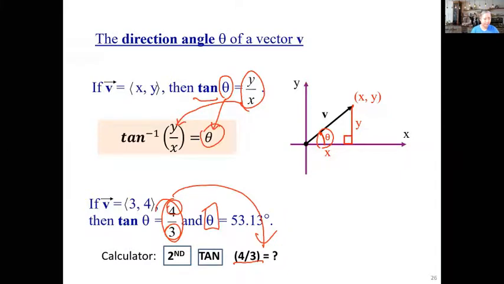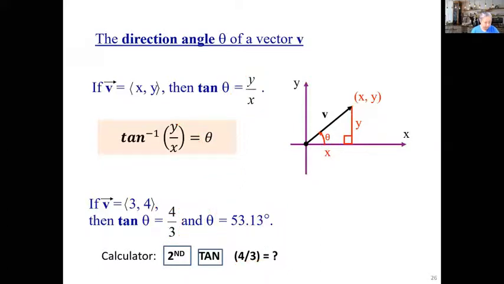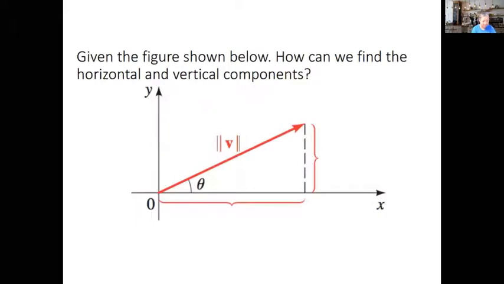Okay. Then there's one concept that was mentioned in the UC Scout video, but it wasn't really explained in depth, so I included it here. The previous case is where you are given the information of the vector and you're supposed to find the angle measure of the direction angle. But there is another case that you will see in the practice problems: you are given the magnitude of the vector and the direction angle, and you're supposed to find the components of the vector.